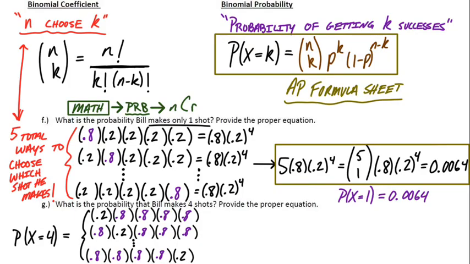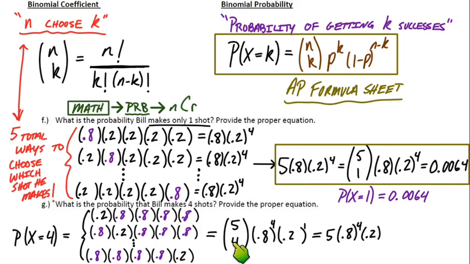So I know this is a little bit of a simplified example, but if we use the formula, he has 5 shots and he has to make 4. So 5 total scenarios, 5 total trials. We're going to choose 4 successes. And then for each one of these, we have 0.8, that's a success, 4 times. So it would be 0.8 to the 4, and then 1 failure, so 0.2 to the 1.